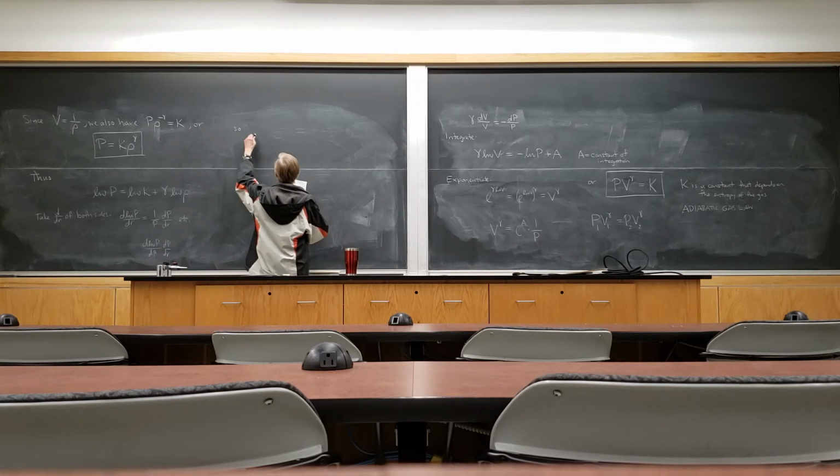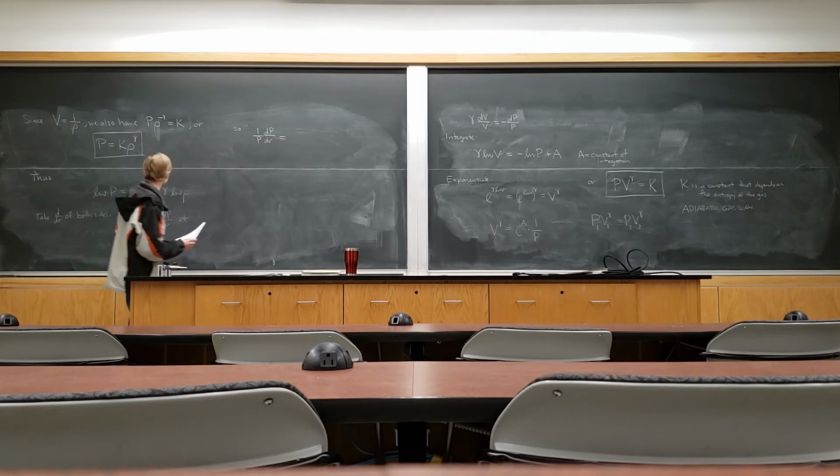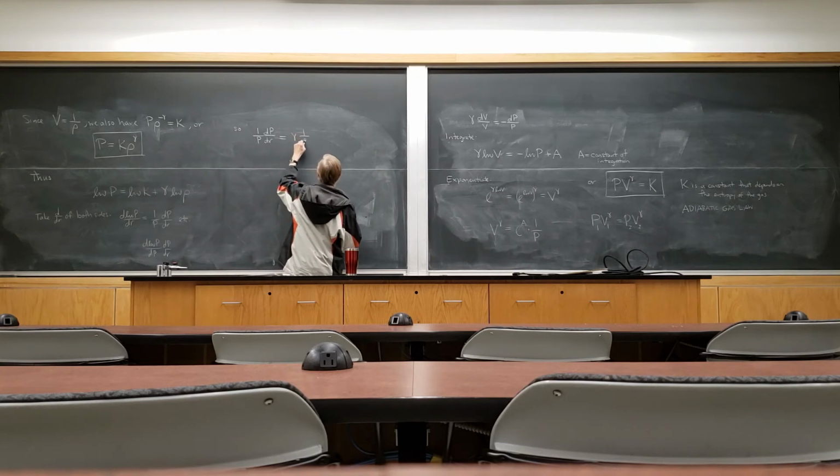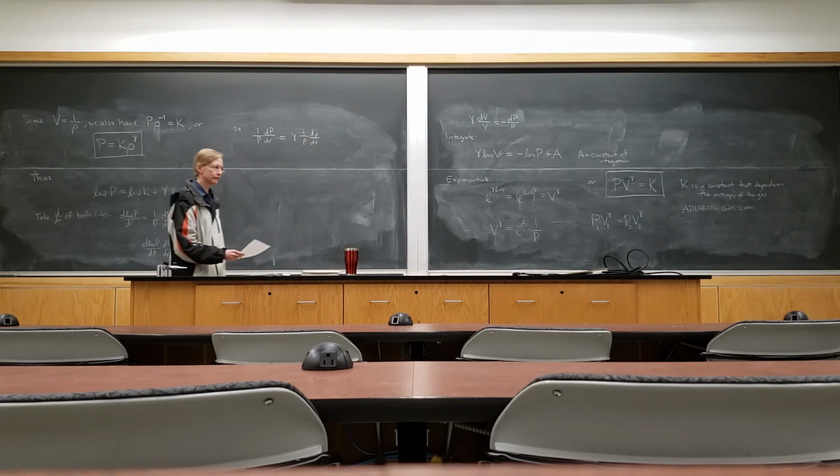So what we find then is 1 over P dP/dr. Well, this is a constant, so its derivative is 0, is equal to gamma times 1 over rho d rho/dr. This is for our bubble.